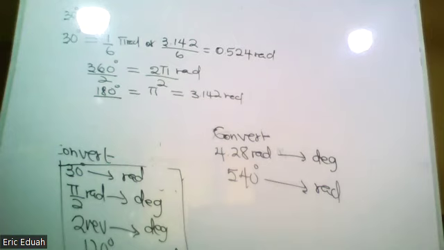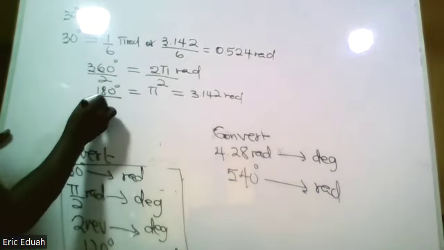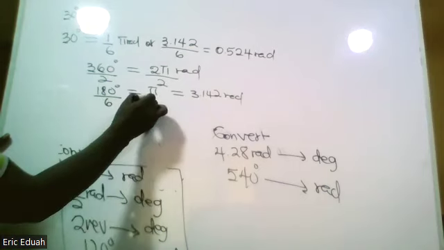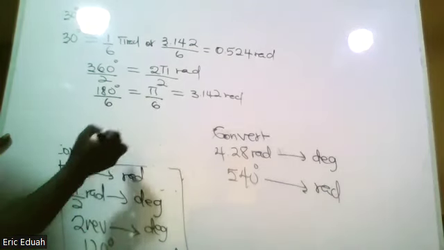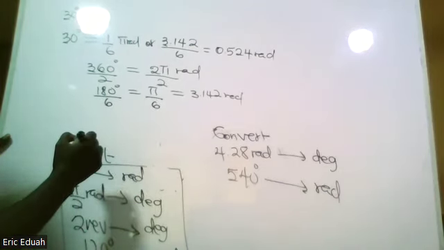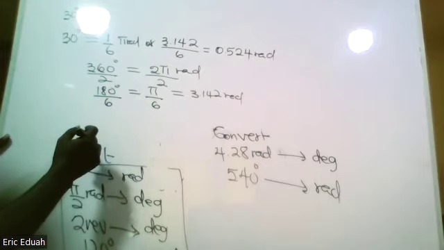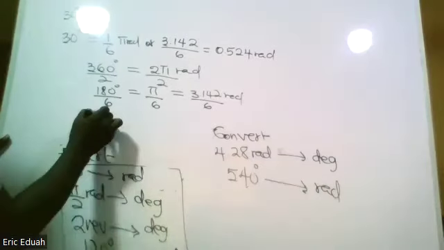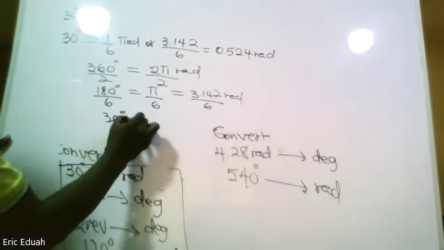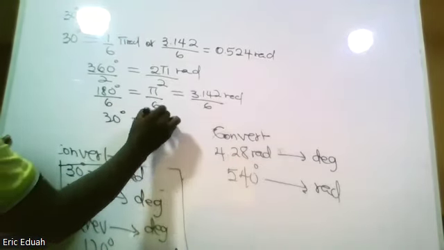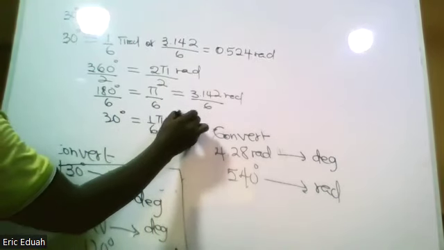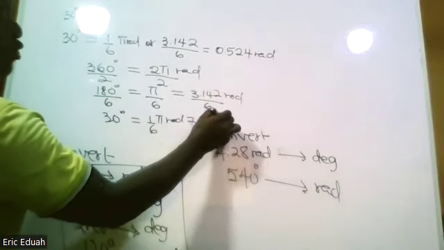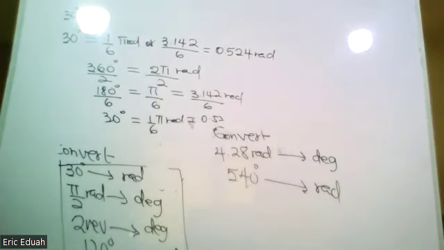Sir, 6. Good. So 180 divided by 6 would give me 30. And so pi divided by 6 would also give me the radian. So 30 degrees equals 1/6 pi radian, or this is also equal to 0.524 radian. That's how to do it.